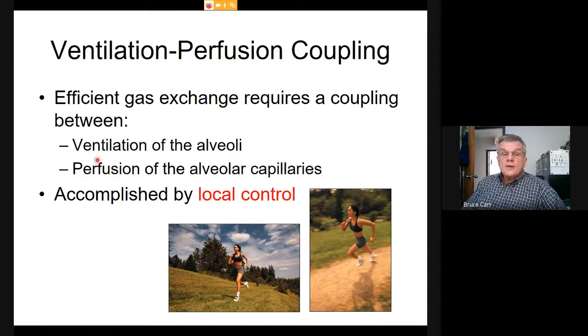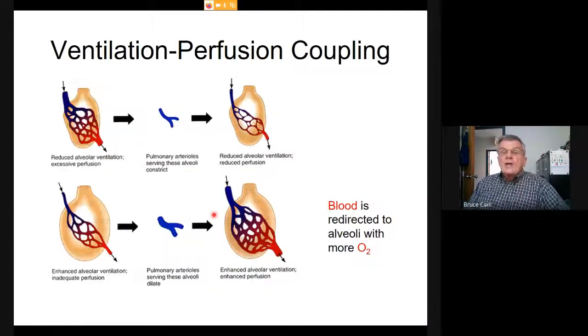We're going to adjust ventilation at the alveoli, where the exchange of gases is occurring, the perfusion of the alveolar capillaries. This is accomplished by local control. Now, that means the central nervous system is really not controlling that. Basically, the conditions inside the lungs are controlling them.